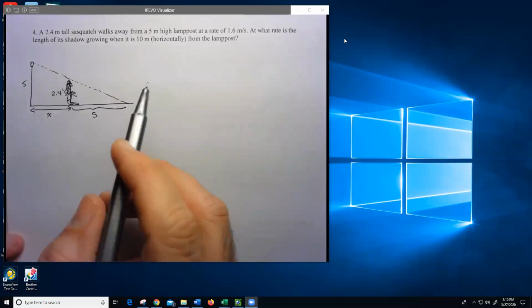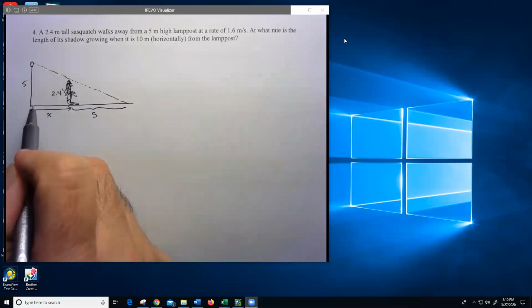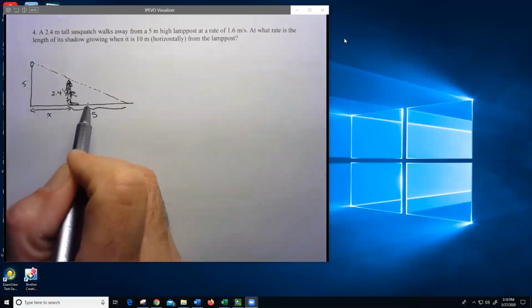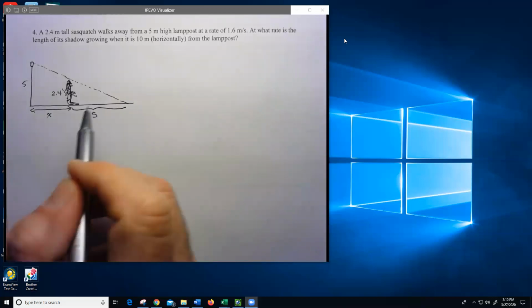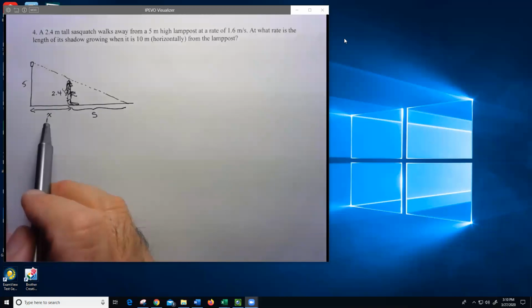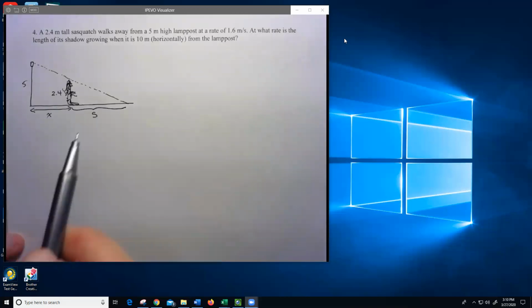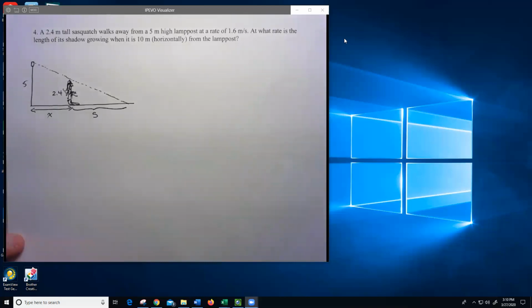Oh, x represents the distance of the Sasquatch to the lamppost. And since he's moving away from the lamppost, this here represents the derivative of x with respect to time. Okay, it's how this distance from the lamppost changes with respect to time. Okay, so Pythagoras is out the window.